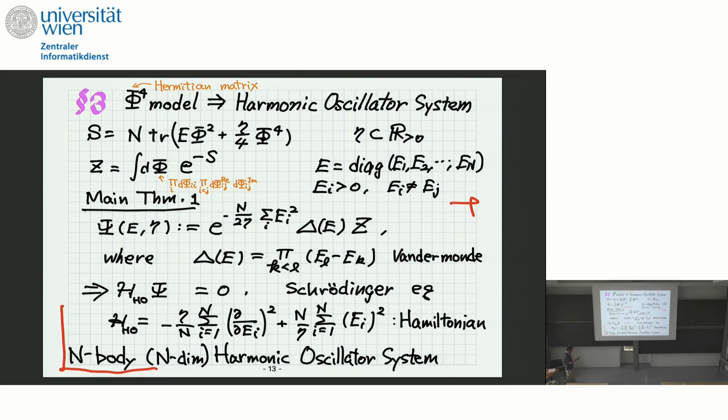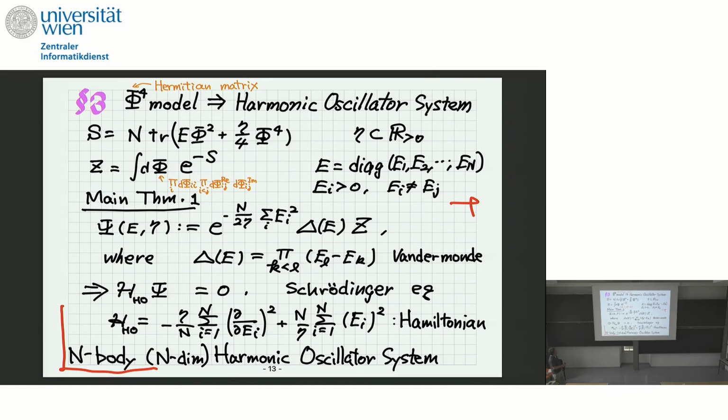So anyway, now it is time to get into the main scenes of my talk. I'd like to explain from the phi 4 Grosse-Wulkenhaar model. From the Grosse-Wulkenhaar model, I want to derive the harmonic oscillator system. The calculation and proof are very easy. The action is here.